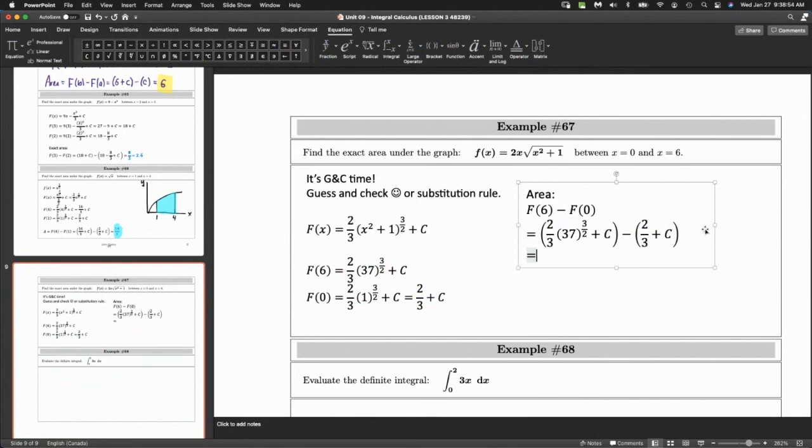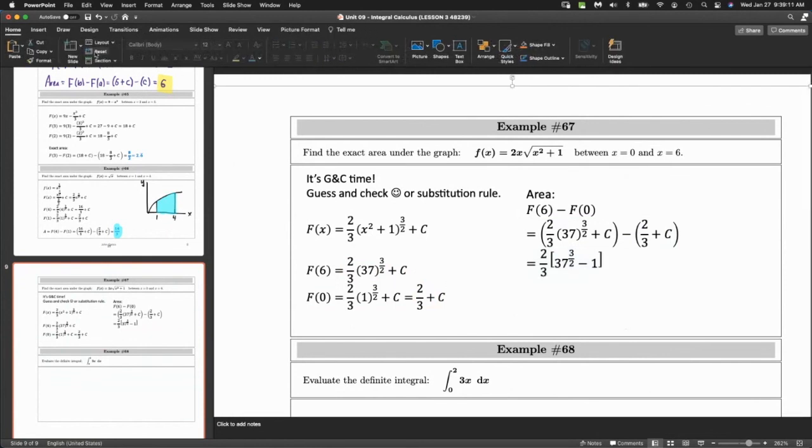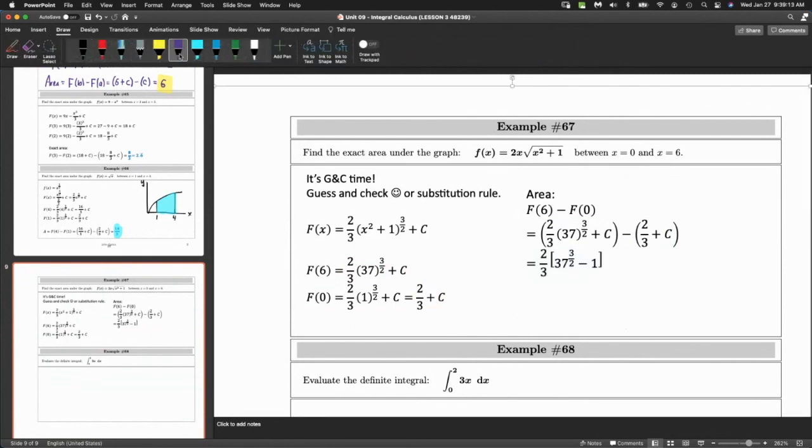Anyway, all jokes aside, we have enough information to answer this question now. So my final answer is this. That would be an answer that I think would be pretty. And I'm just gonna cross out the C's here because the C's cancel anyway.